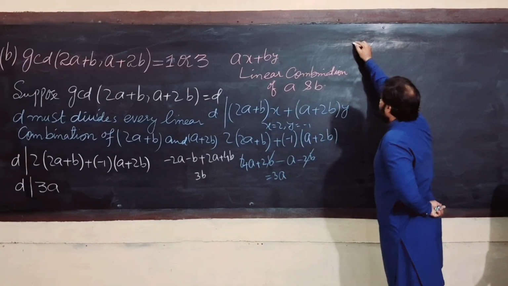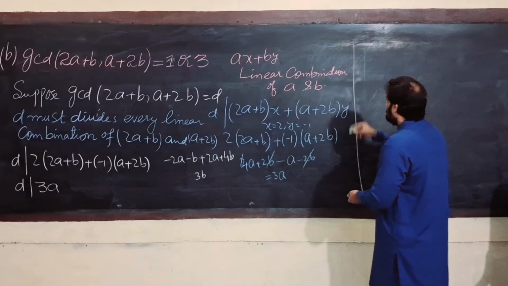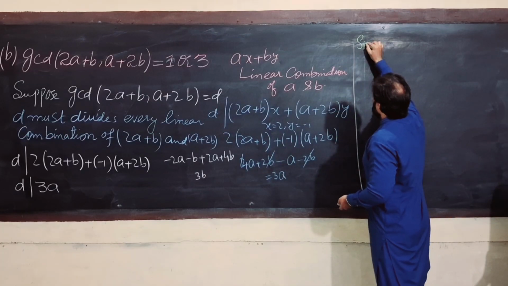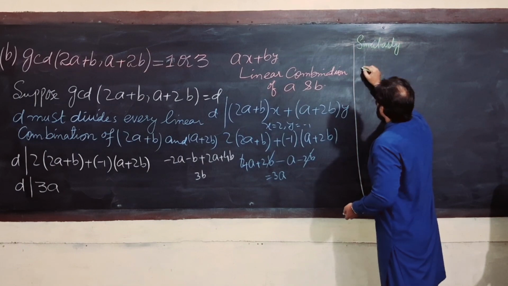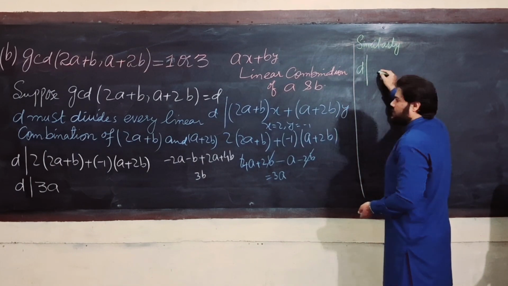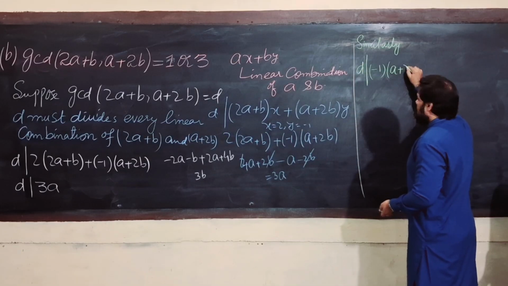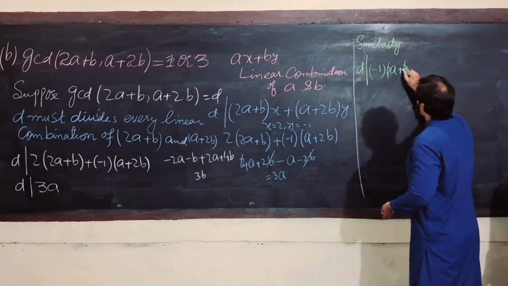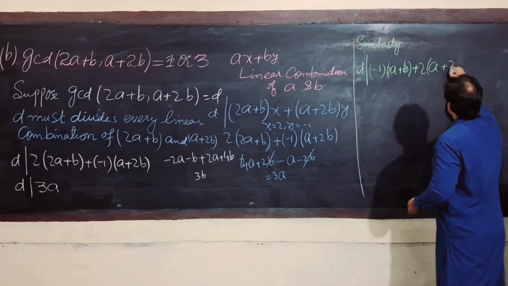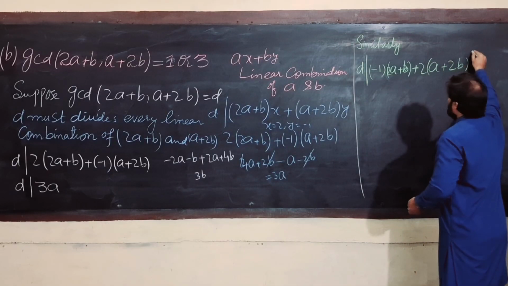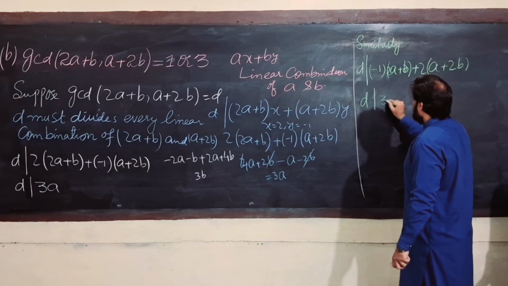Again we will write similarly, D divides the linear combination minus 1 time the first number, that is 2A plus B, plus 2 times the second number, that is A plus 2B. This is equal to D divides 3B.